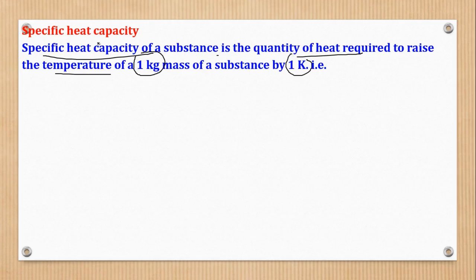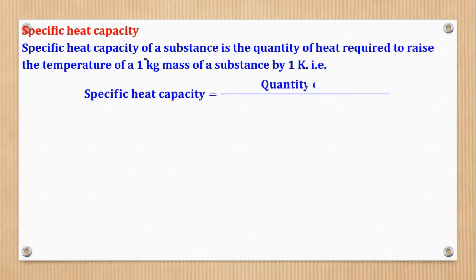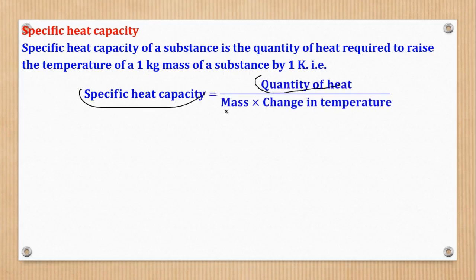Remember, under heat capacity, it was any given mass, but when it comes to specific heat capacity, the mass should be 1 kilogram. Therefore, mathematically, specific heat capacity is equal to quantity of heat over mass times change in temperature.